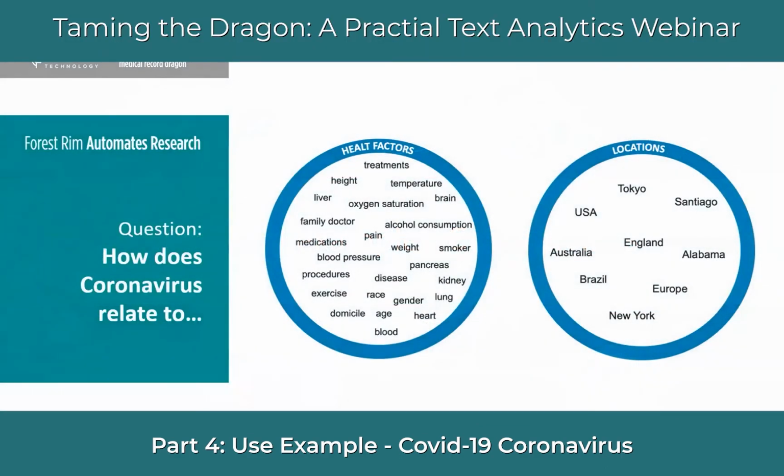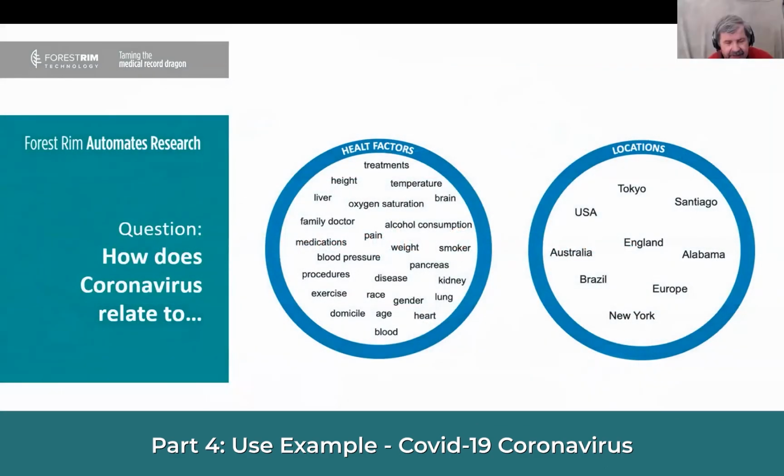So one thing that you could do, that for example Forrest Rim would make very easy to do, is take your medical records and start to do an analysis of coronavirus. And you could look at coronavirus in lots of different ways. You can say, okay, in terms of the patient, how does coronavirus infection relate to blood pressure?